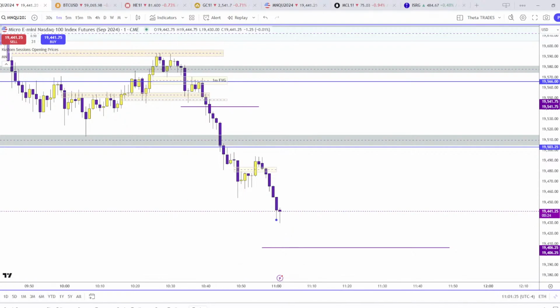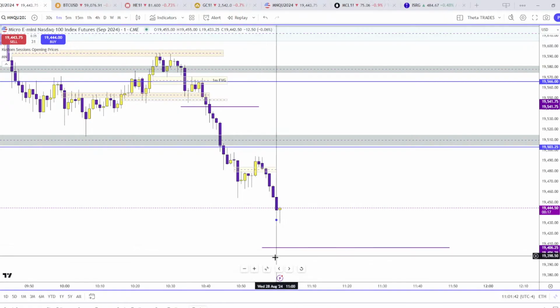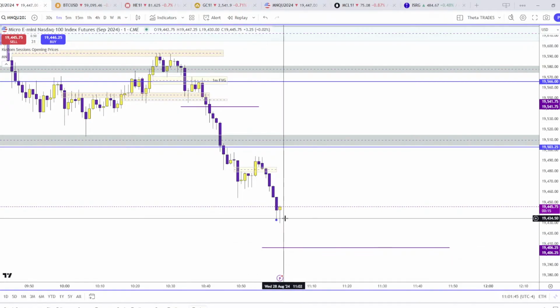Now we've taken out those 4-hour relative equal lows, waiting like a sniper. You're loading your bullet.